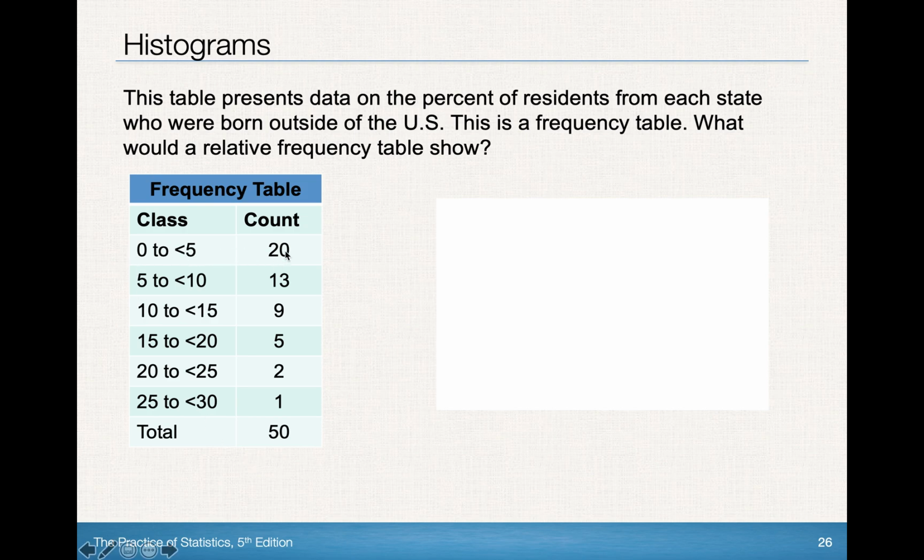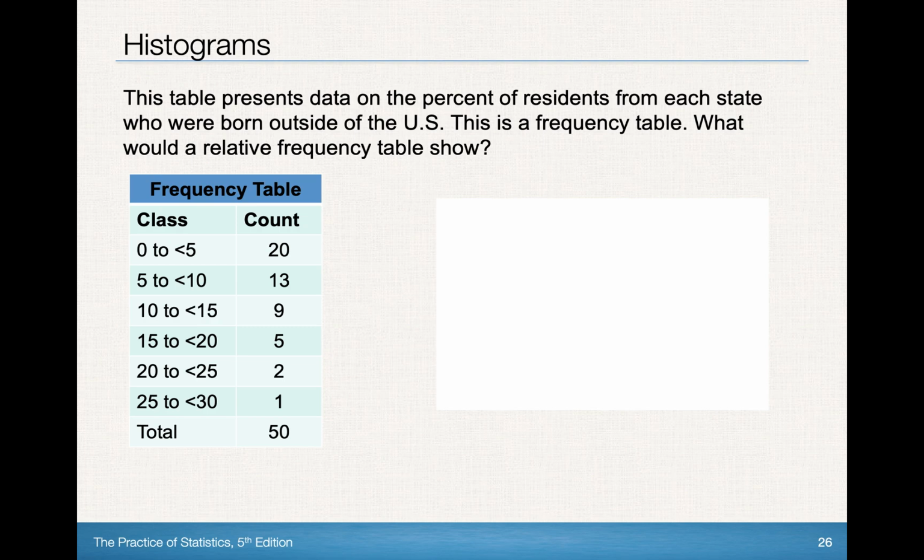That means 20 states had 0 to 5% of their residents born outside of the U.S. 13 states had 5 to 10% of their residents born outside of the U.S. 9 states had 10 to 15% of their residents born outside of the U.S., and so forth until we have one state that has 25 to 30% of their residents born outside of the U.S.